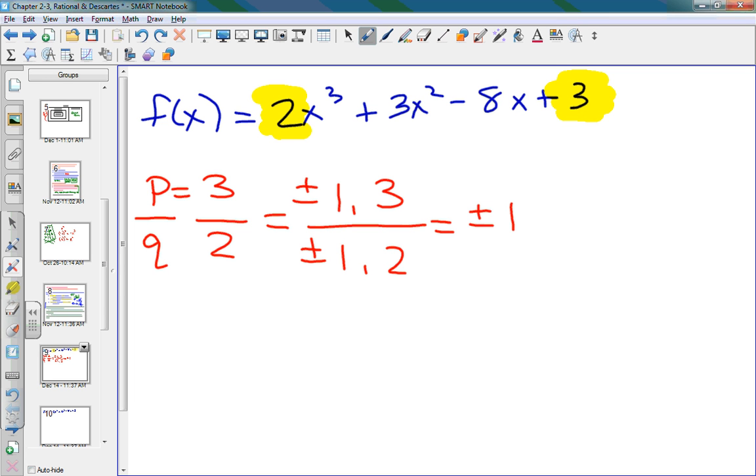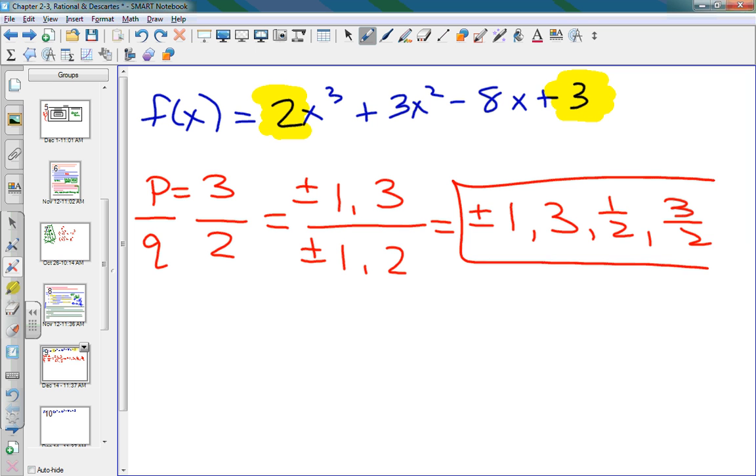What's plus or minus 3 divided by plus or minus 1? 3. Now, what's plus or minus 1 divided by 2? 1/2. And what's 3 divided by 2? 3/2.